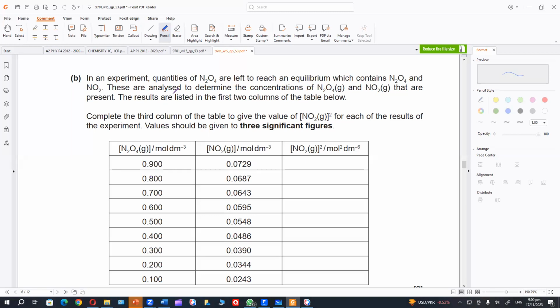So how should we find this value? Are we dividing it or squaring it? I think squaring. Yeah. Yes, we have to square it.